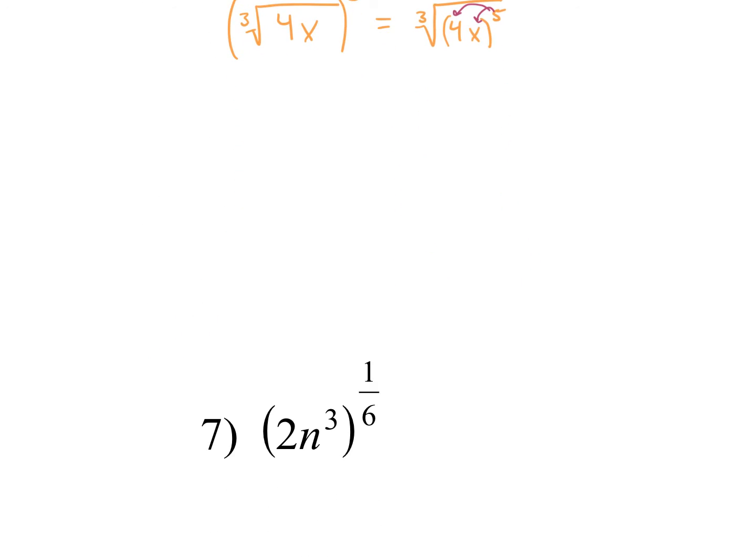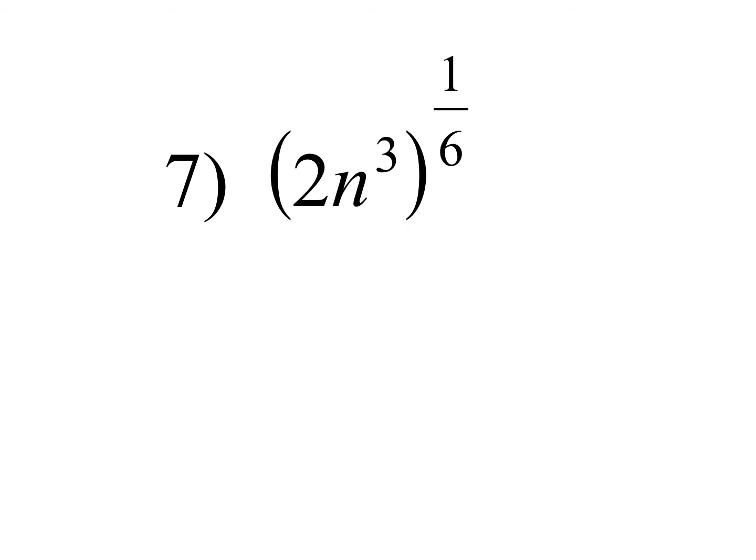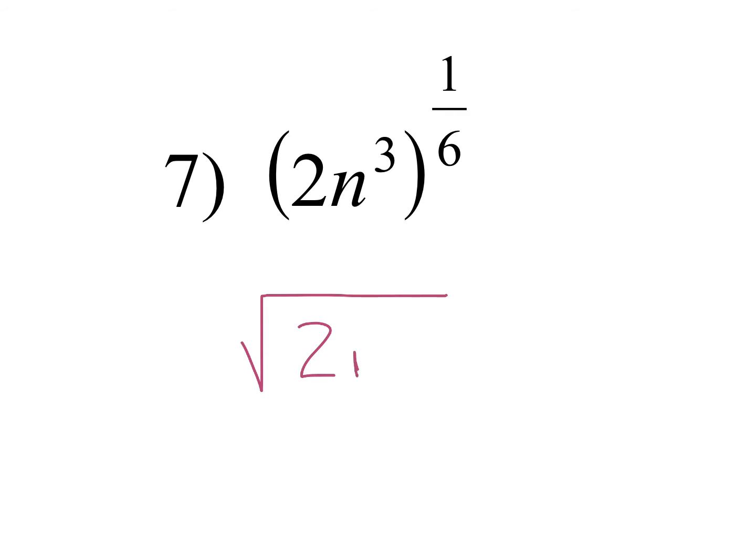All right, let's look at number 7. So we're changing this into radical form. What's going to go on the inside of our radical? Inside. 2n to the 3rd power. Whatever's on the inside stays on the inside. What is our index?